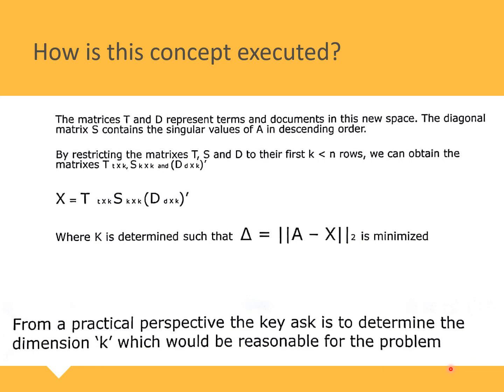You can cumulate the singular values and see what percentage of the cumulative sum is represented by the first singular value, the second, and so on. Then you can take the first k singular values such that they represent 70 to 80% of the total sum. That is a much simpler way of doing it than looking at this complicated expression, but as far as linear algebra is concerned, this is how the thing works.